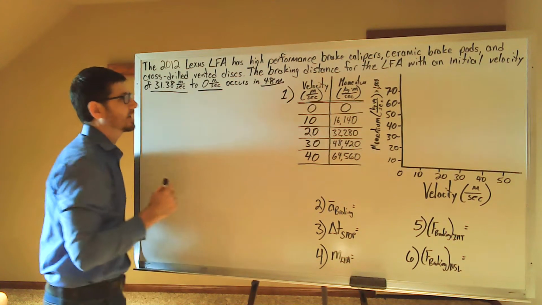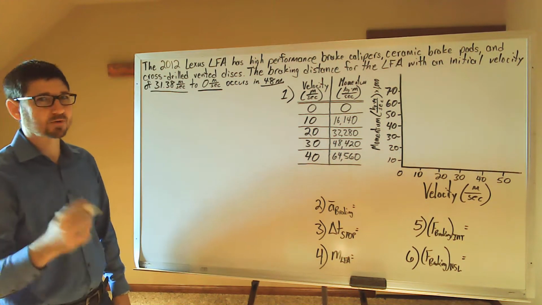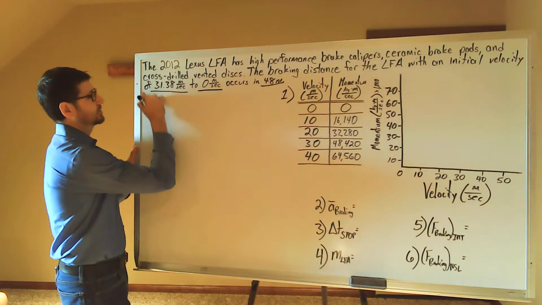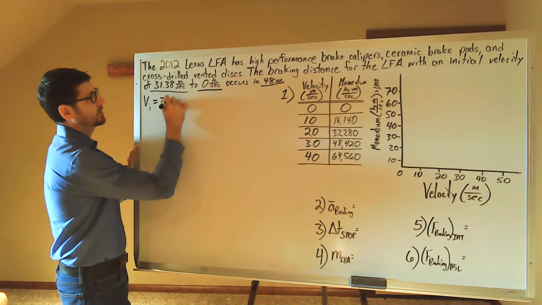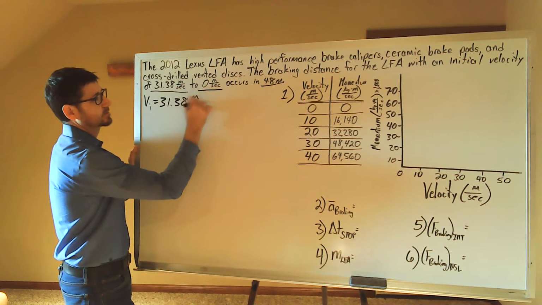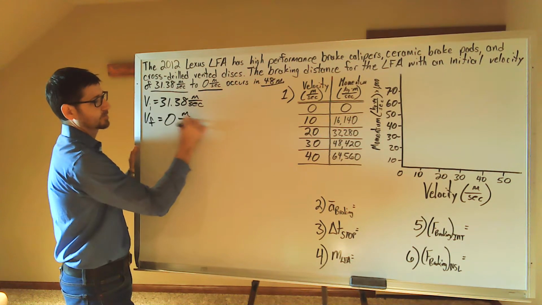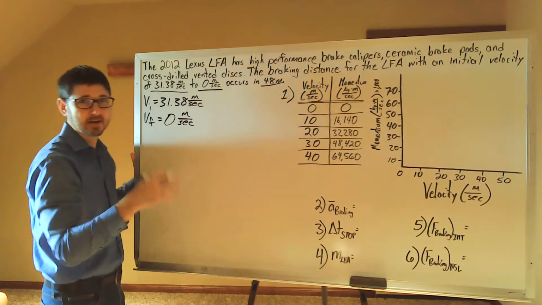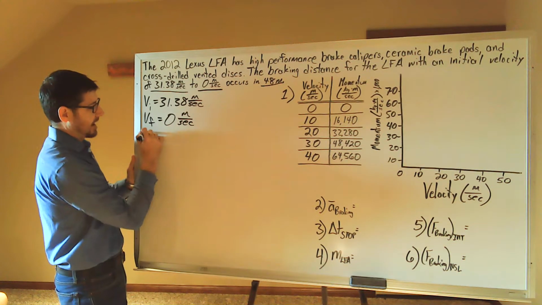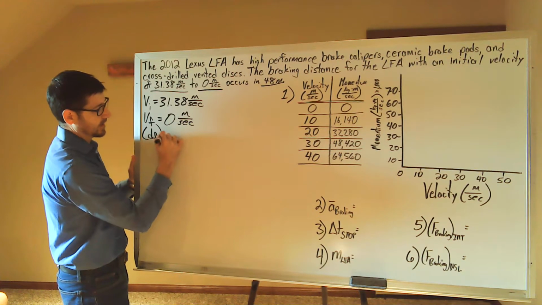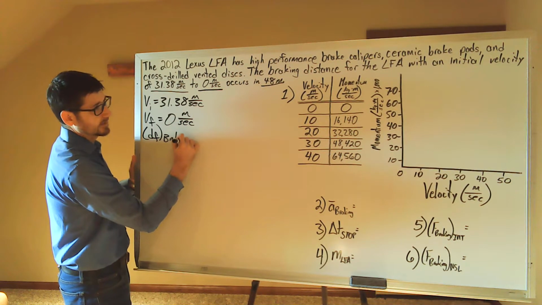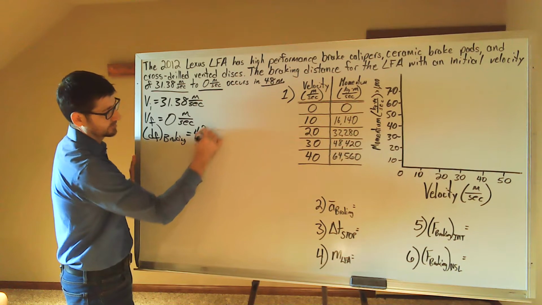So let's write down some important information. Our initial velocity is 31.38 meters per second. Our final velocity is 0 meters per second because the LFA comes to a stop. And our displacement during braking is 48 meters.